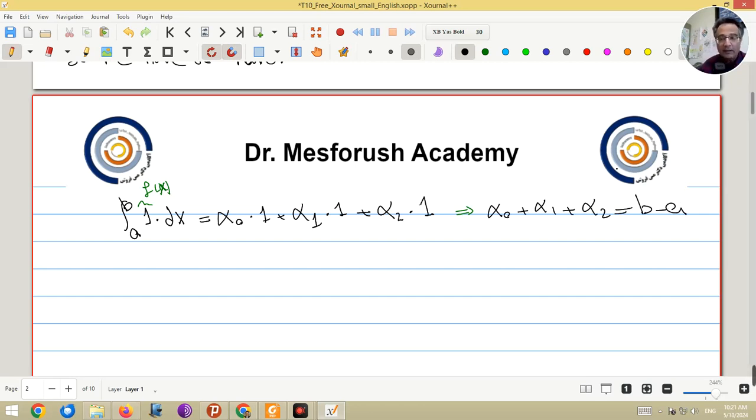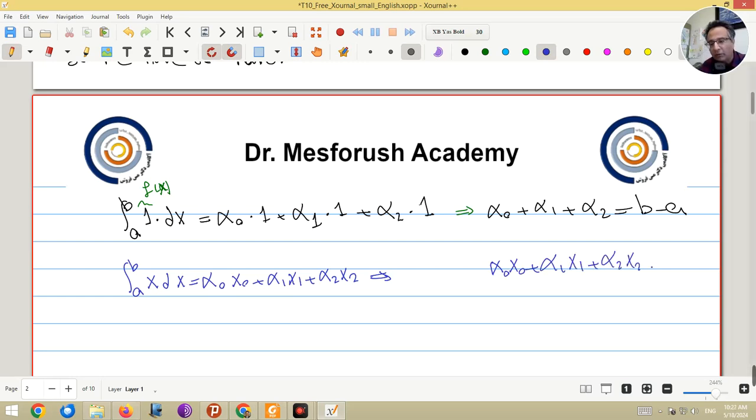b minus a. Okay, this formula should be accurate for x dx. So this should be alpha 0 x0 plus alpha 1 x1 plus alpha 2 x2, and the left hand side should be half times b squared minus a squared.